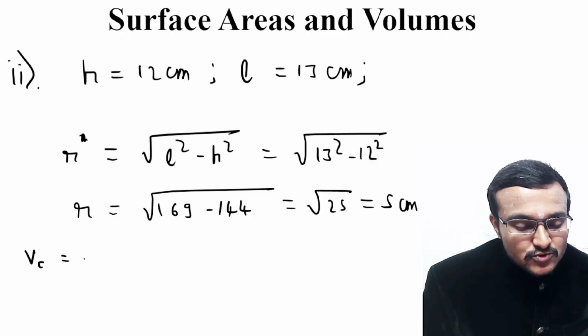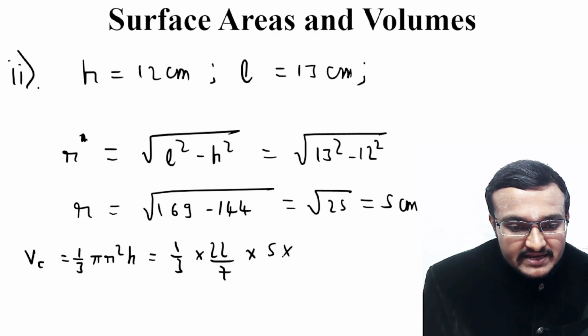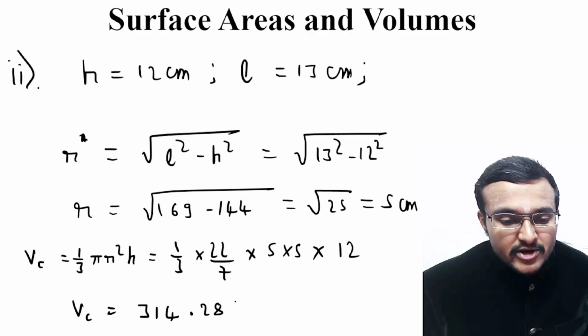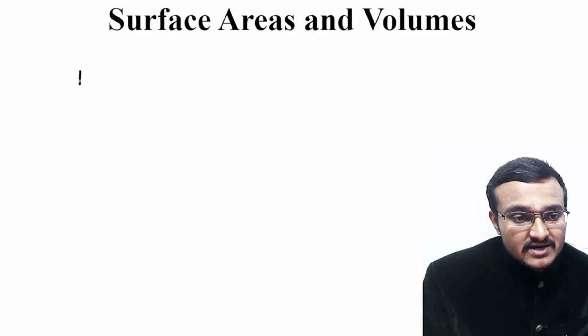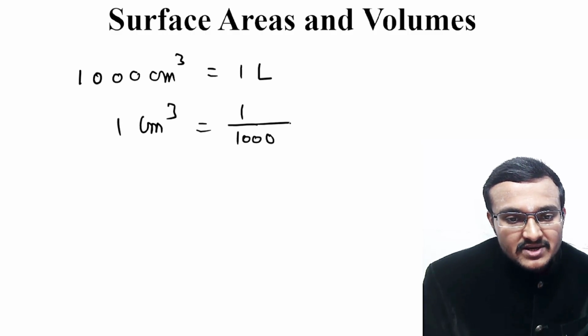So now the volume of this cone is equal to 1 by 3 pi r square h. So that is 1 by 3 into 22 by 7, R is 5 centimeter, so 5 into 5 into height is 12. If you solve this, you will get 314.286 centimeter cube. We know that 1000 centimeter cube is equal to 1 liter, so 1 centimeter cube is equal to 1 by 1000 liter.